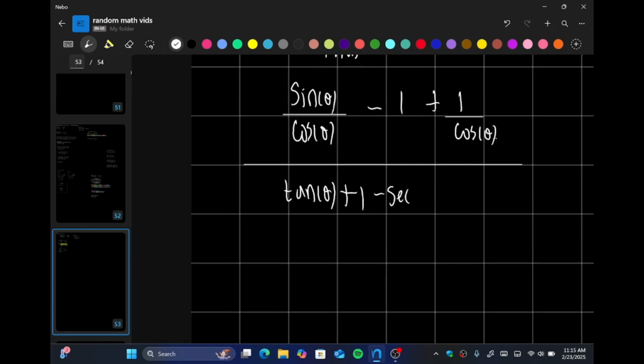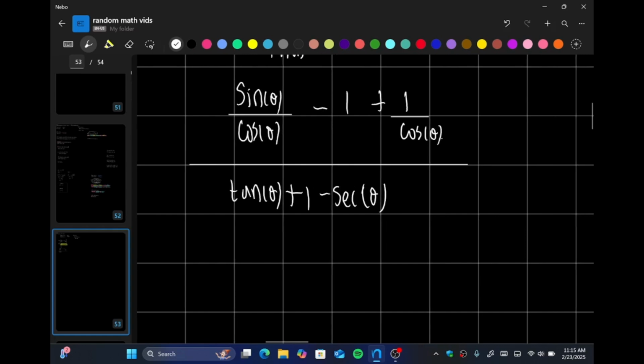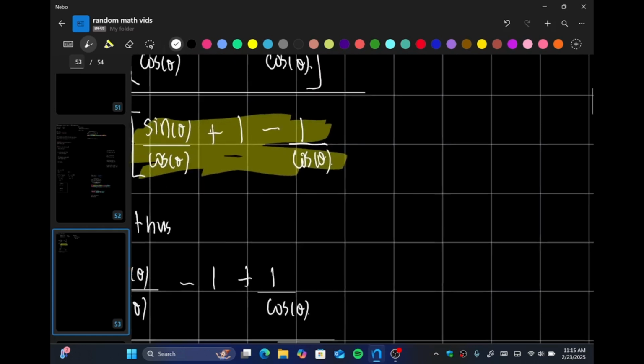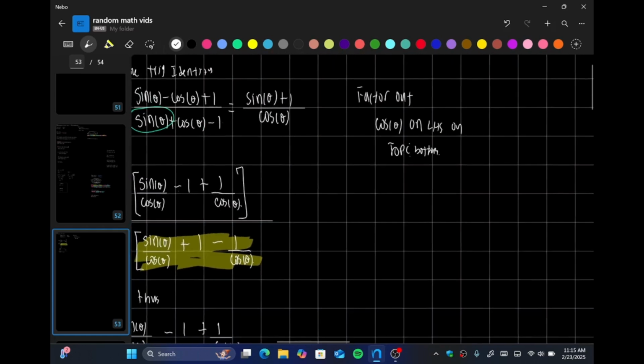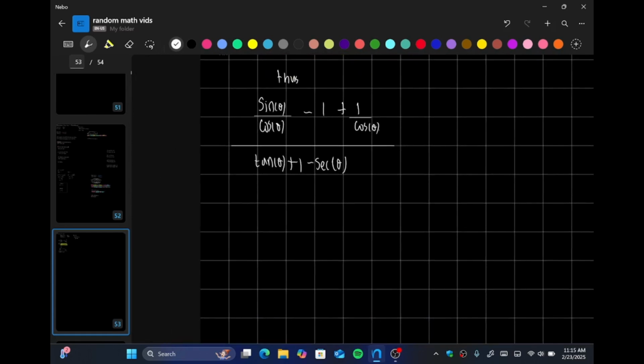The goal here, guys, is to eventually get it so that we can make it something in terms of tan and secant, and then we can manipulate it so that it looks like this. It is a very difficult problem, guys. This one, like I said, it's a challenge problem, I would say, because it is very tedious.